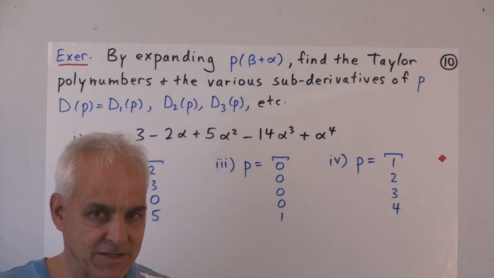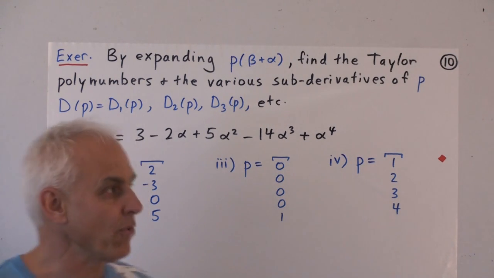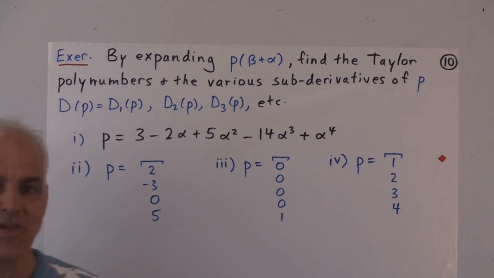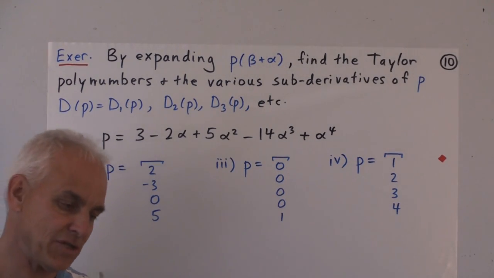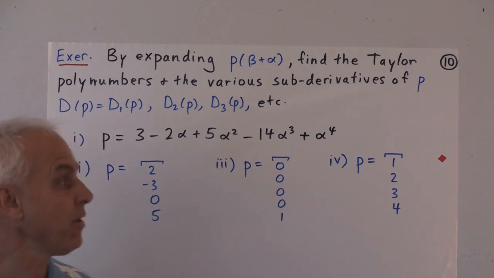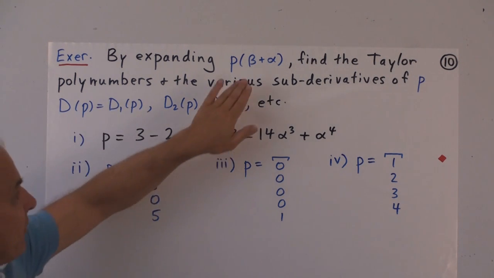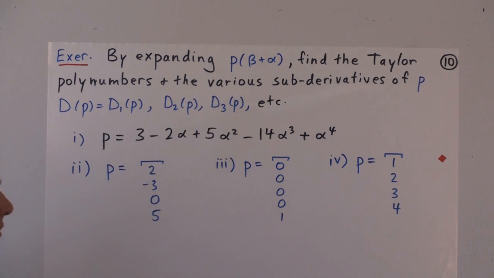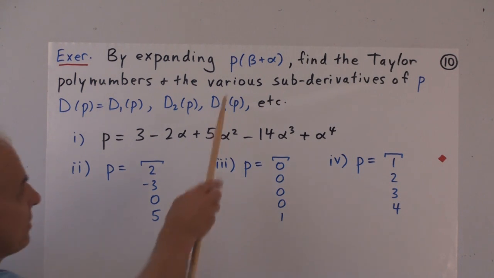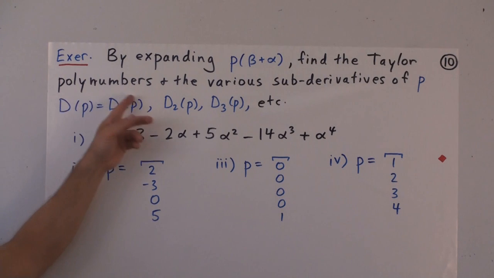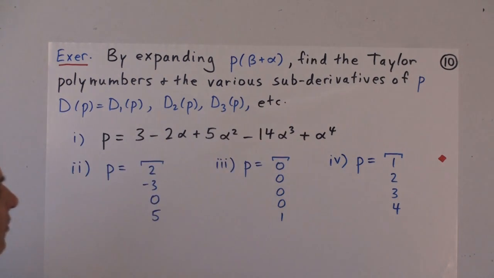So to get a sort of sense of how that goes, I propose that you give this exercise a try. This is actually just some practice in going through the motions of this video and calculating the Taylor polynumbers for various polynumbers p. So by expanding p of beta plus alpha, find the Taylor polynumbers and the various subderivatives of p.